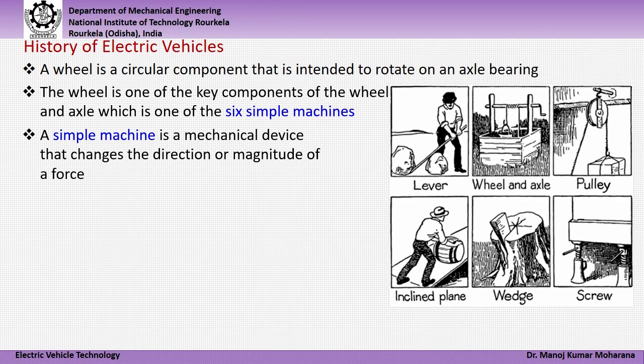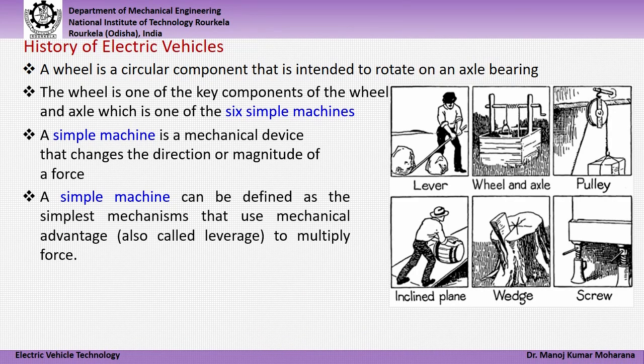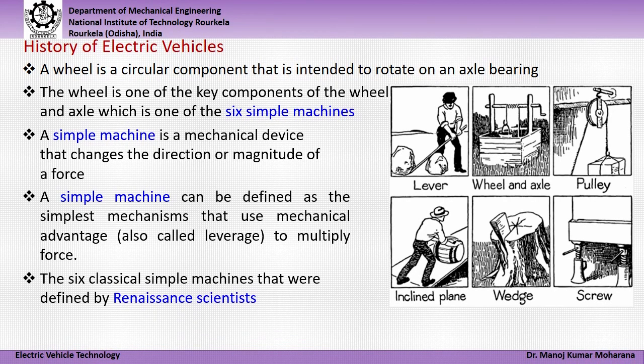So, a simple machine is a mechanical device that changes the direction or magnitude of a force, and a simple machine can be defined as the simplest mechanisms that use mechanical advantages known as the leverage to multiply the force, which help us to do bigger work by giving lesser effort or the lesser force.